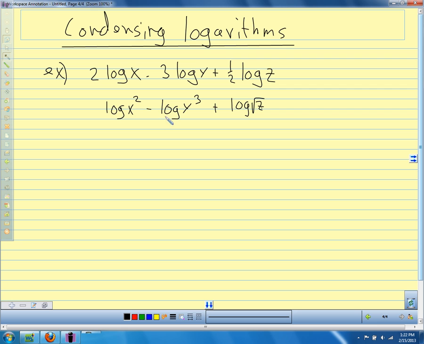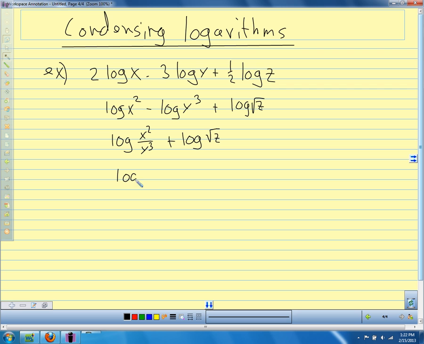All right, so subtraction. What happens to subtraction? It becomes division. So this is log x squared over y to the 3rd plus log square root z. Addition becomes multiplication.